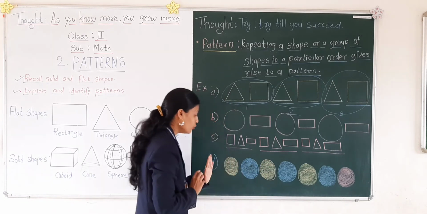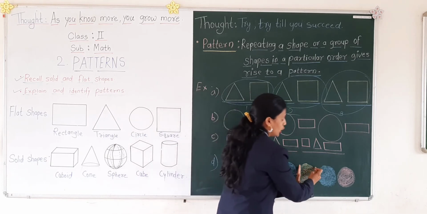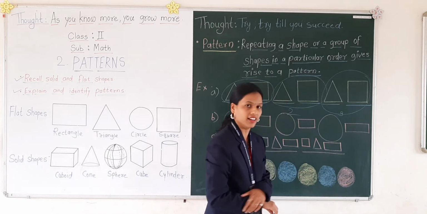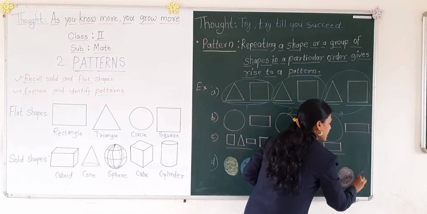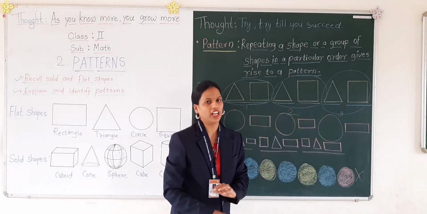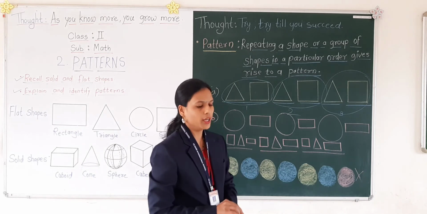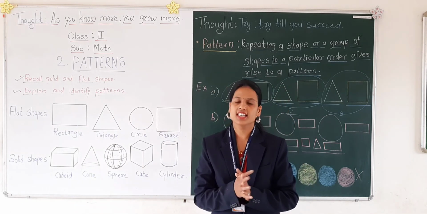No, because here we arranged only yellow, blue, yellow, blue, yellow and again blue. But we have not arranged the pink color. So, if we draw a pink color circle, then this example is not following the pattern. Understood? So, I hope you understand all the points in this session.